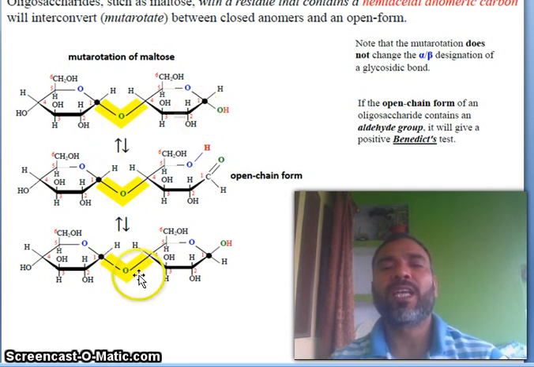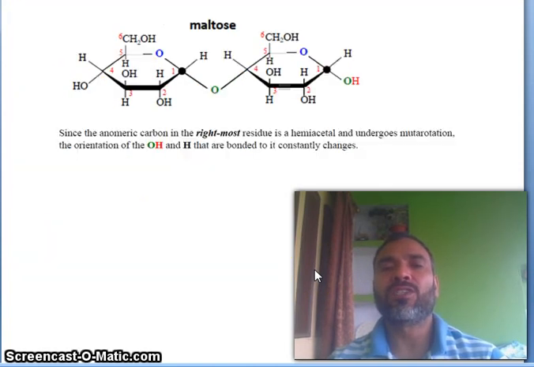Nothing happens here. So it becomes open. You see now aldehyde and OH, and then again rotation of this bond 1, 2. So this is alpha and this becomes beta, and this rotation is known as mutarotation.